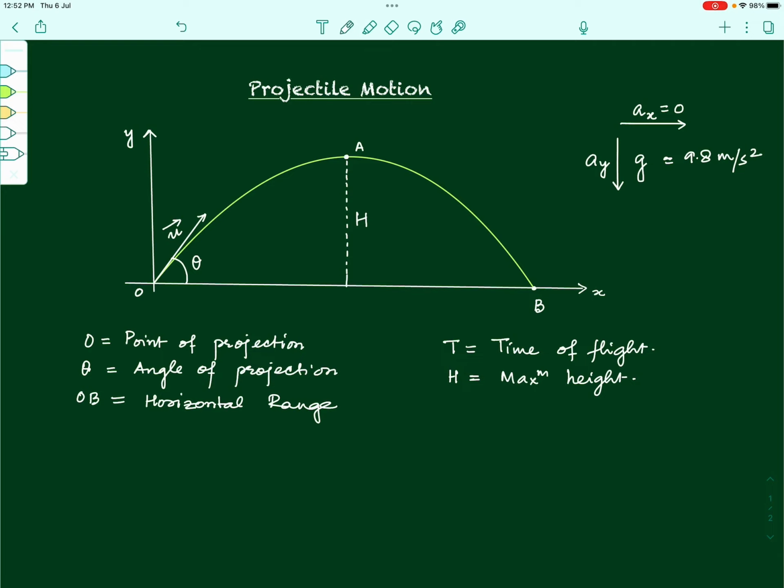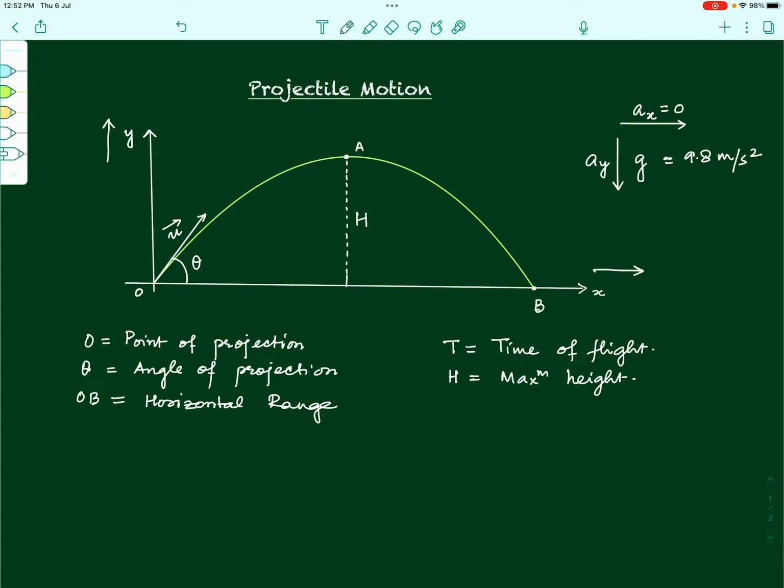While we do that, we consider the point O, which is the point of projection, as the origin, and we assume that the particle is projected at t equal to 0, the starting time, and the plane in which the particle moves, the plane of motion, is the xy plane. We take the horizontal line along the x axis, the vertical line along the y axis, and we consider the vertically upward direction as along the positive y axis.